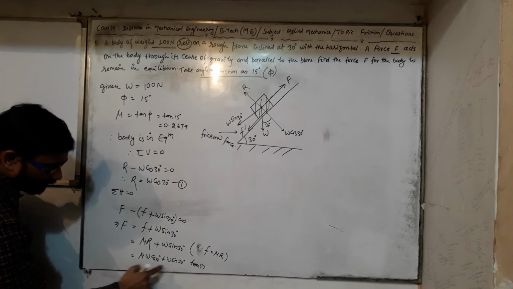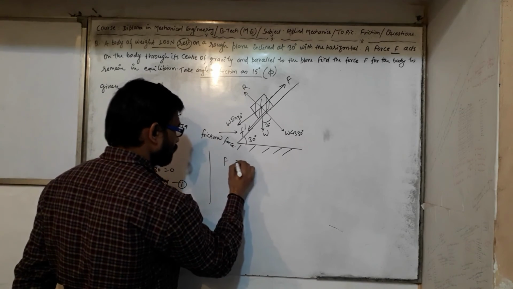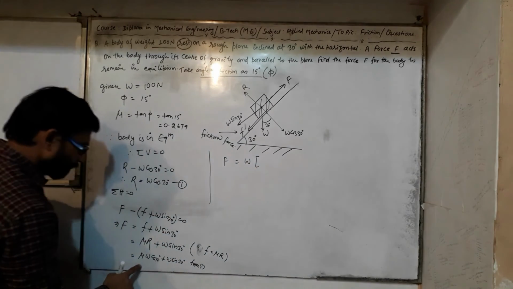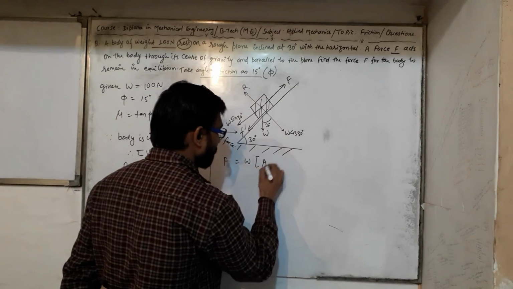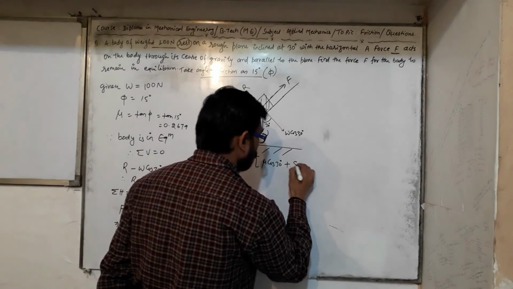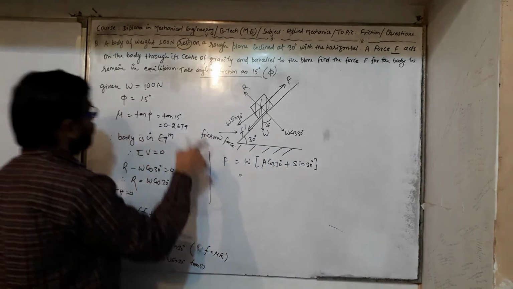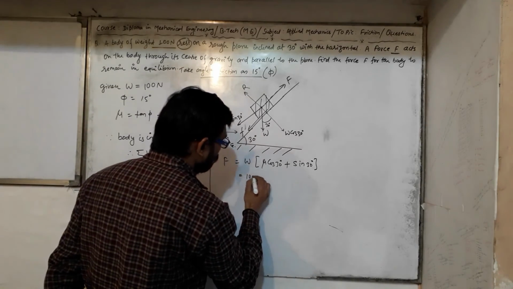W from both terms we have taken out as common. So F is nothing but W times mu cos 30 degree plus sin 30 degree. Put the corresponding values. W is nothing but 100 Newton.